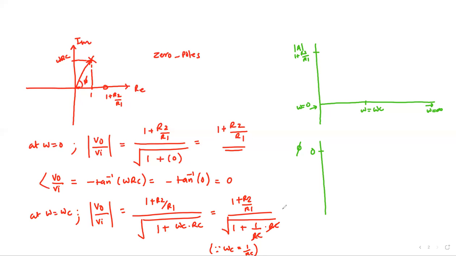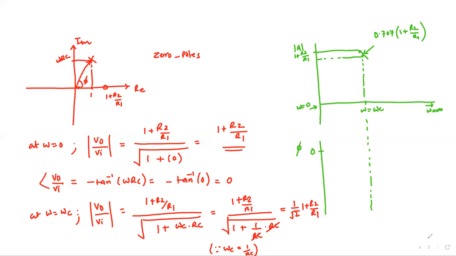That comes out to be 1 over root 2 times 1 plus R2 by R1. So we see that the gain drops by the factor 0.707, since 1 by root 2 is 0.707. So we can draw that. Up to this point, we see that the gain is constant, but thereafter, at this point, it drops to a new value, which is 0.707 times 1 plus R2 over R1.